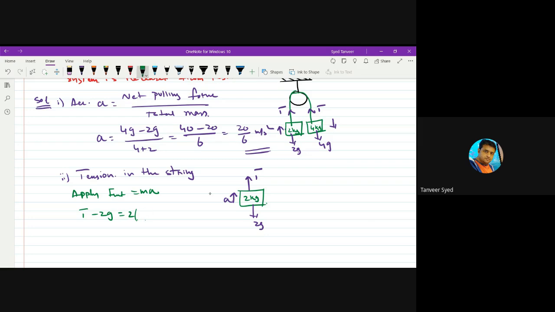Acceleration we have got, 20 by 6. T minus 2g, that is 20, is equal to 40 by 6. That means T is equal to 20 plus 40 by 6. T is equal to 120 plus 40, 160 by 6. 160 by 6 is the tension. That's all.